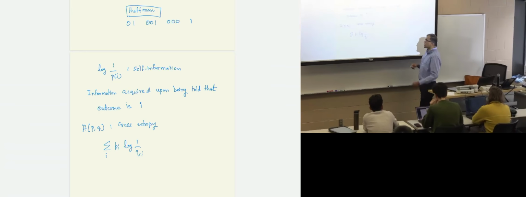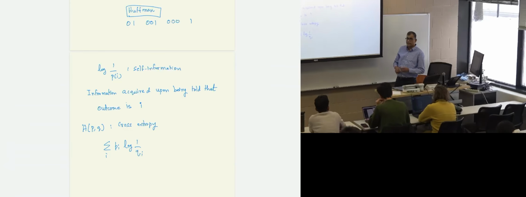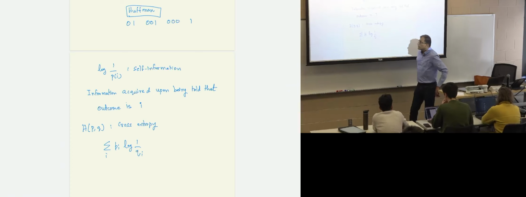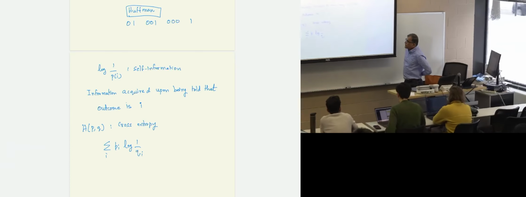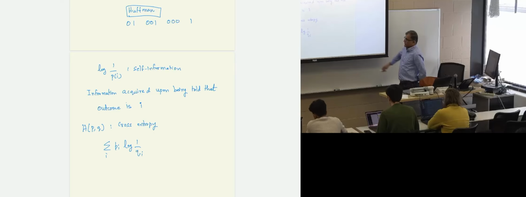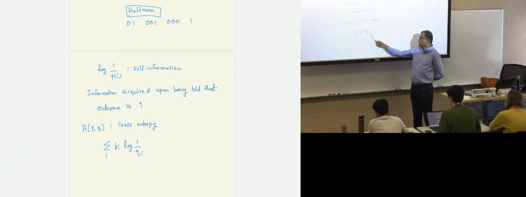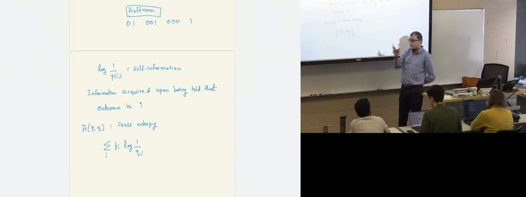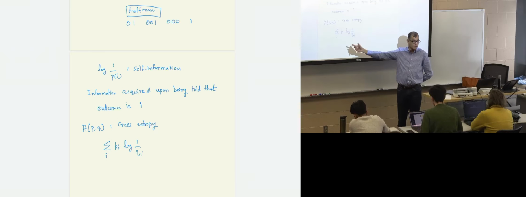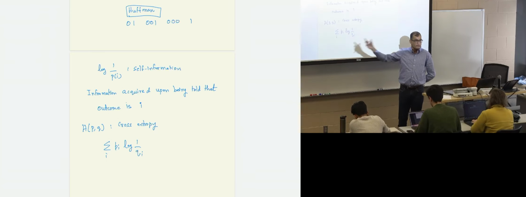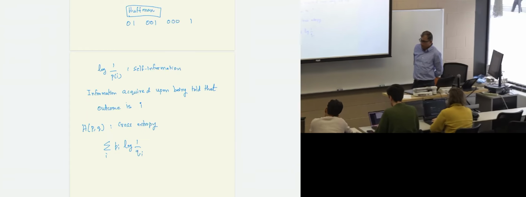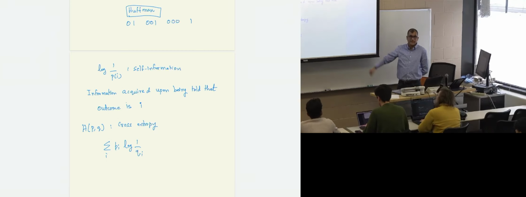There was a question in class: what if we assign 2 bits to each outcome? If you do that, then basically Q i would be 0.25, right? So if you're assigning the same amount of bits to each outcome, then you're assuming effectively that all those probabilities are the same, right?